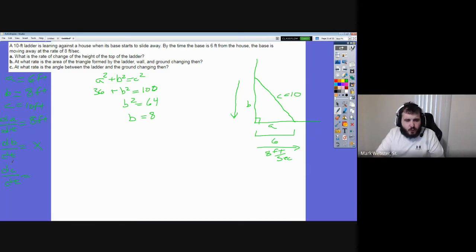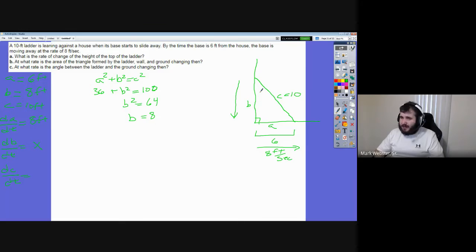So now the only other thing we need to figure out is dC dt. And this, I think, is probably the crux of the entire problem, if you can get this part. Because how fast is the length of the ladder changing as it slides down the side of the house?